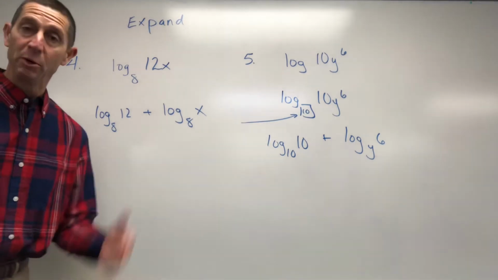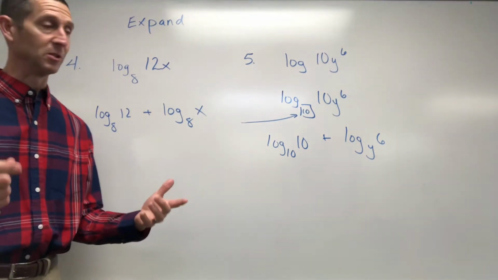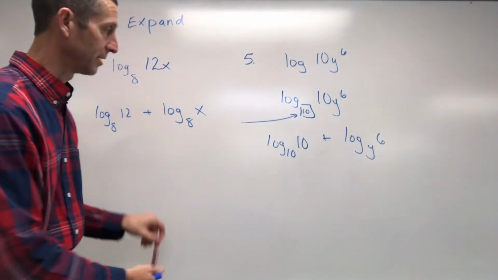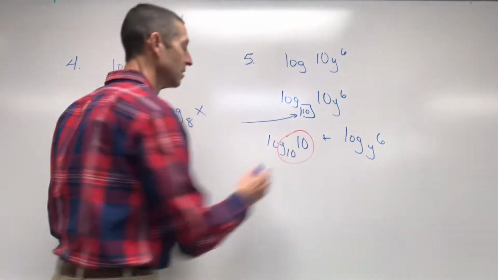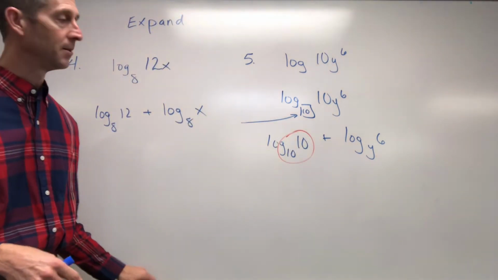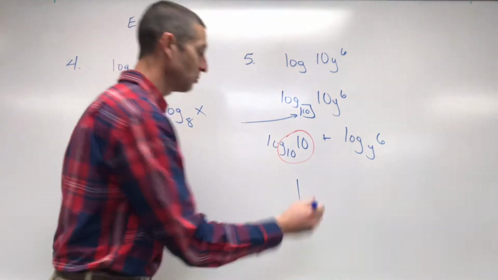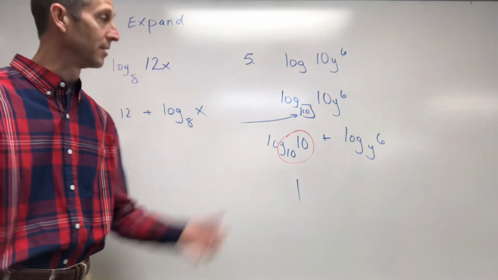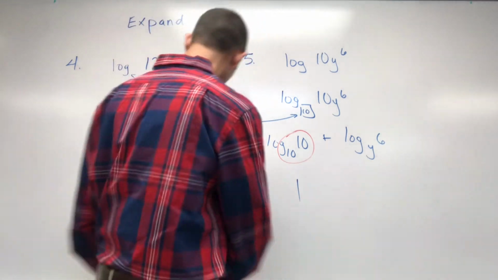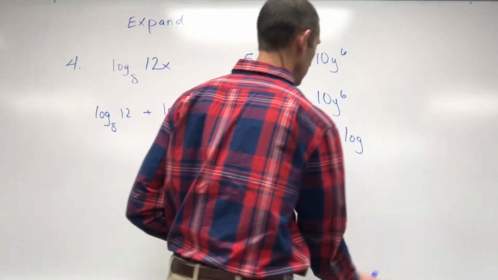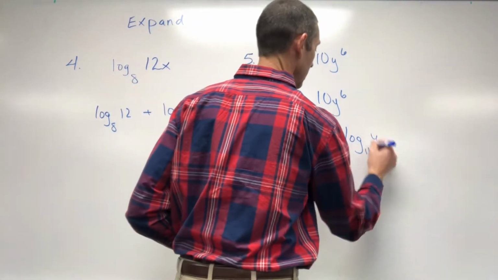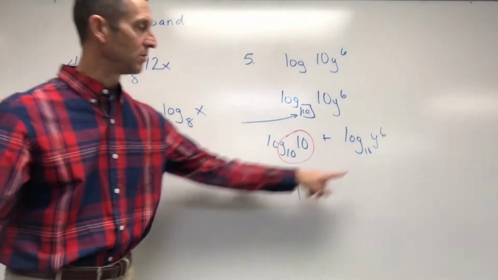All right, we've already done enough logarithms to realize, hey, wait a minute, I know what happens here. That's a 10, that's a 10. Whenever these show up, you're like, oh, I know what happens. This just becomes a 1. Whoops, I didn't draw that really well. Log 10y to the 6. Sorry about that. So you've got base 10.